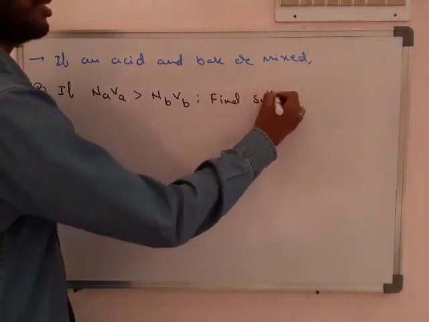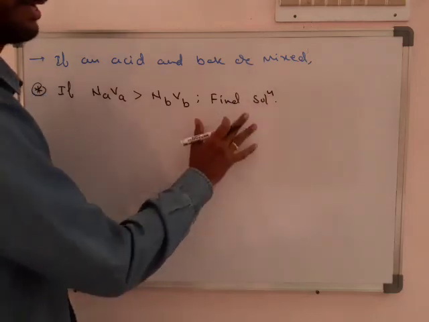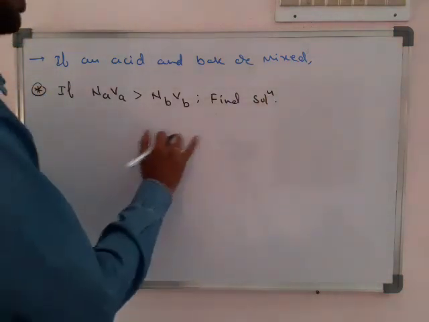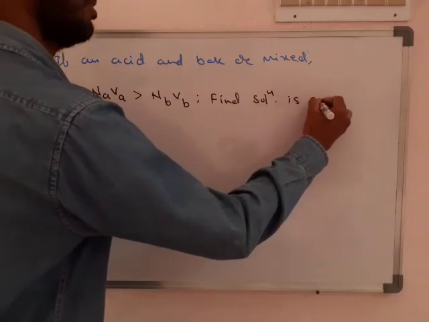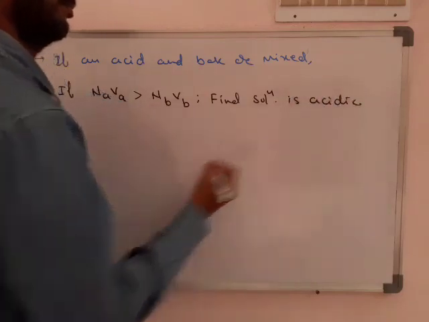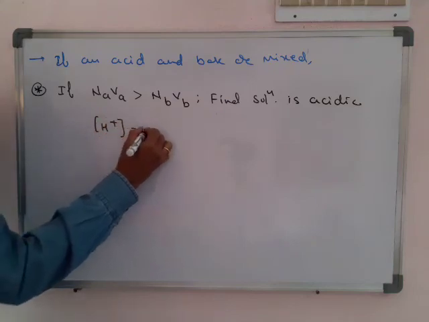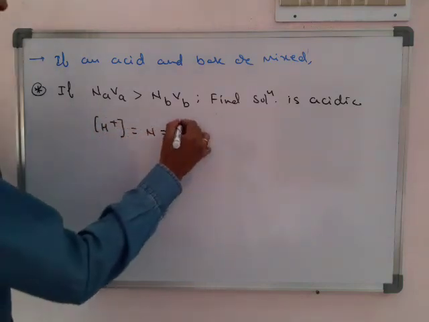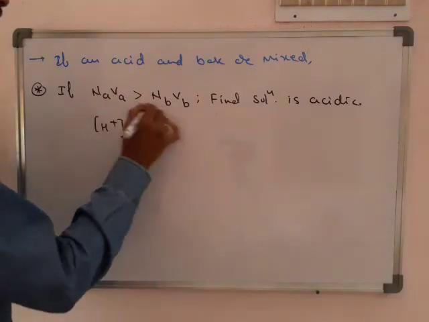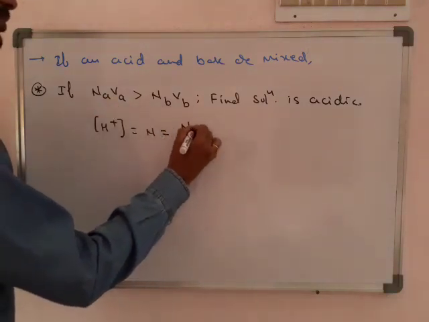Final solution means the solution formed after mixing. The final solution is acidic. Then how to calculate that H plus? In terms of normality, we have to find how much acid power is more.